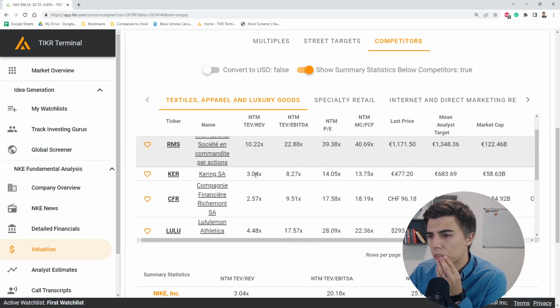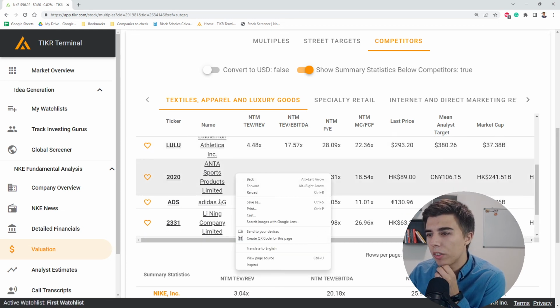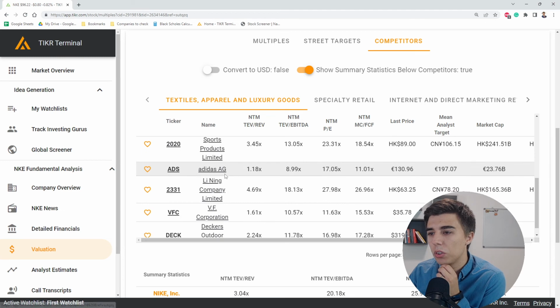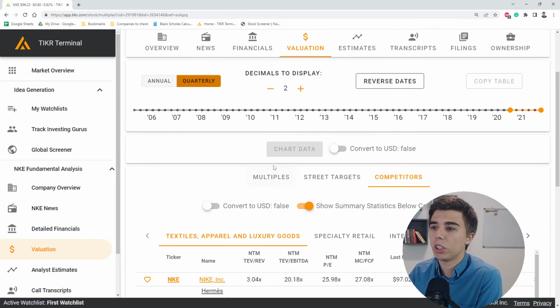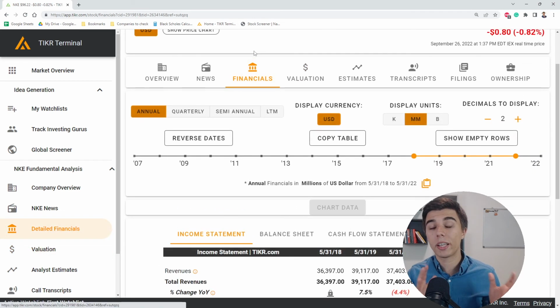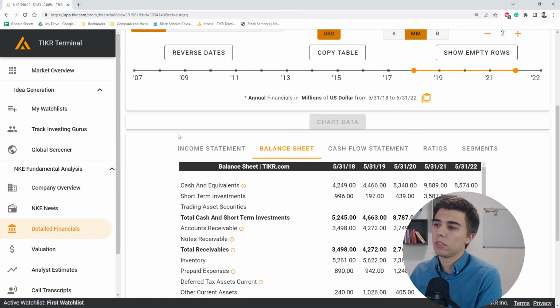Not sure whether all of these. Yes, some of these like Lululemon might be a good competitor. Adidas definitely might be a good company to compare. So it might make sense to check some of these ratios, how Nike compares to these companies, and that already gives an indication of how well they operate compared to each other, and maybe if there are some improvements.